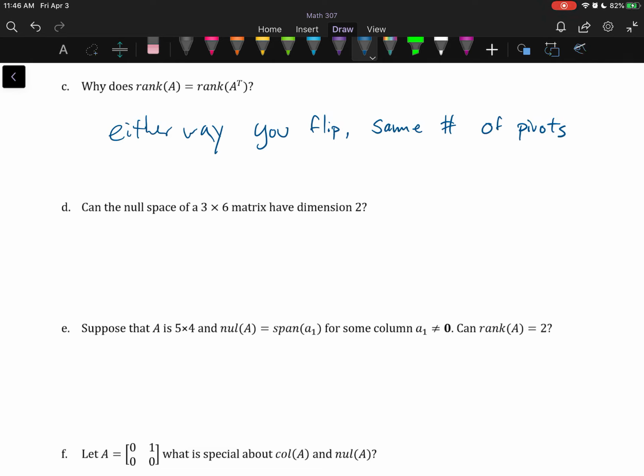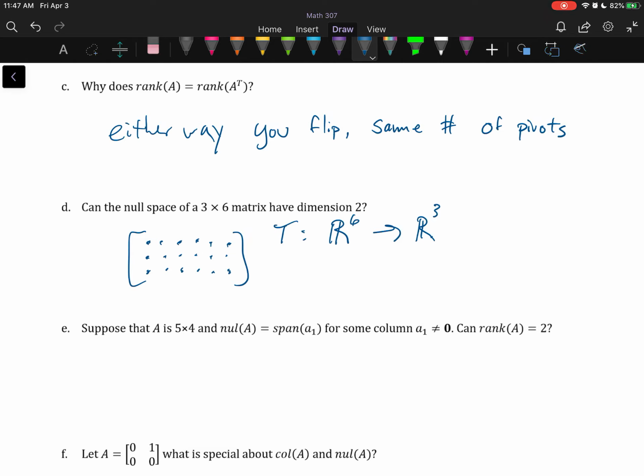So if we are working with a 3 by 6 matrix, that's 3 rows, 6 columns, which means that we are undergoing a transformation that starts off in R6 and gets squished down into R3, because the image of this transformation is the column space, and all of these columns are in R3.